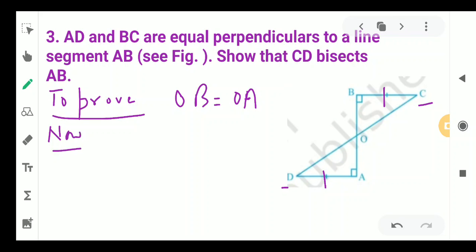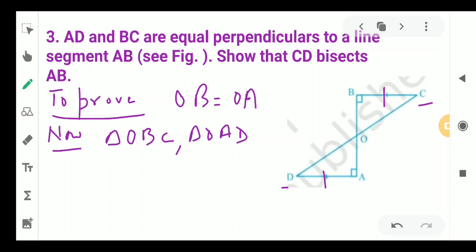Now let me take the triangle OBC and triangle OAD. We are taking these two triangles OBC and OAD. Now here we can see that this AD and CB are perpendicular to the AB.